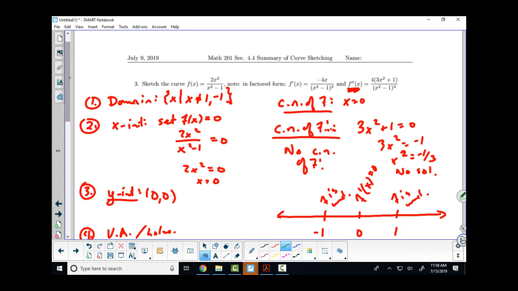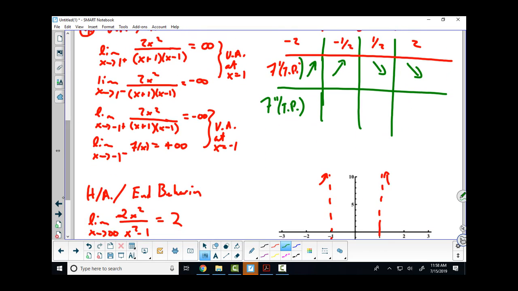But -2 squared is 4. 4 minus 1 is positive when I cube it. So we are concave up. But if I plug in -1/2 or 1/2, I get concave down. And if I plug in 2, I'm back to being concave up. Okay, so I'll let you check me on those. I did those kind of fast.